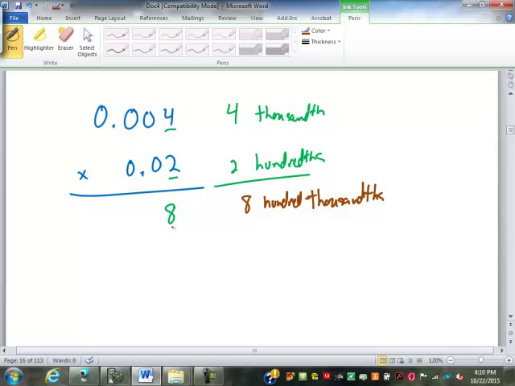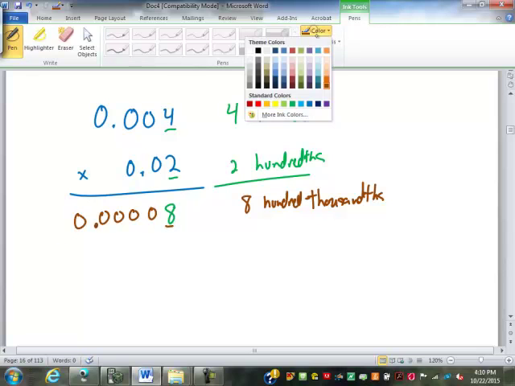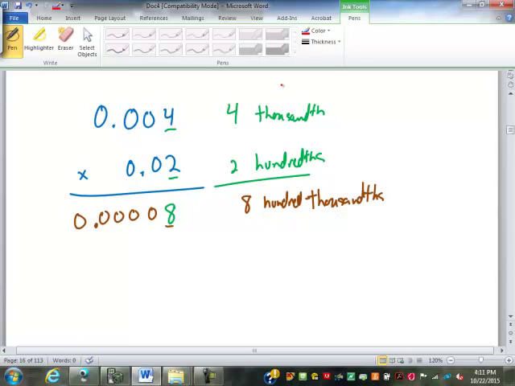So how many decimal places do I have to have? Tenths, hundredths, thousandths, 10 thousandths, 100 thousandths. My decimal point has to go there. The similarity that I'm pointing out here is we have 1, 2, 3, 4, 5 decimal places.